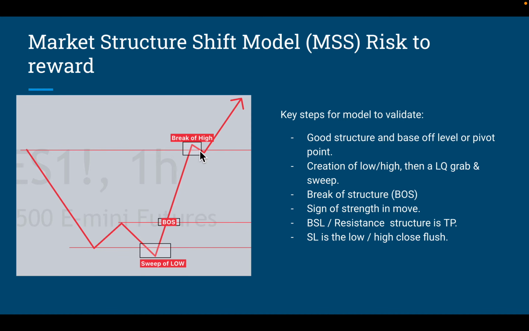And then the final and the most important thing, I would probably say, is the stop loss should be the low or the high close flush. Now, what does close flush mean? A lot of traders that I know who use MSS like hard stops, but what I like to do is wait for a close flush.